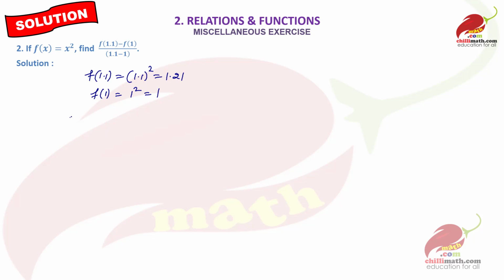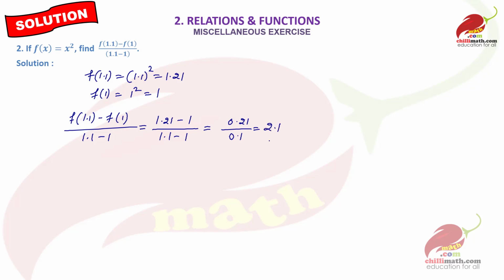So putting in this, (f(1.1) minus f(1)) over (1.1 minus 1) is equal to (1.21 minus 1) over (1.1 minus 1). This is equal to 0.21 over 0.1. So this is 2.1. That's your answer.